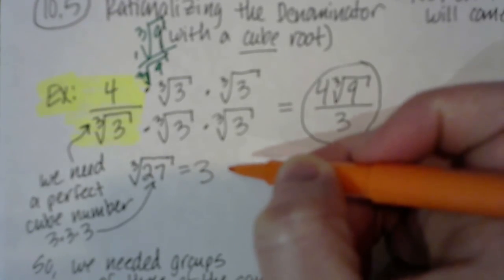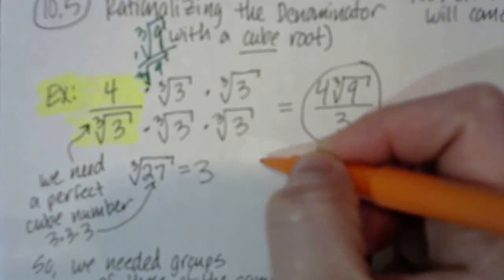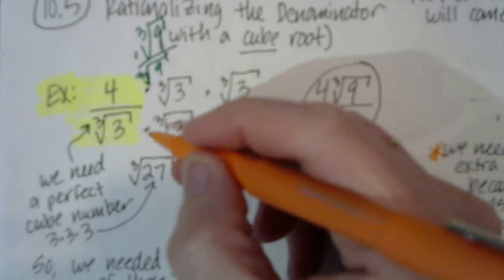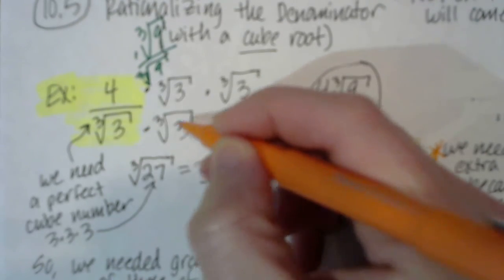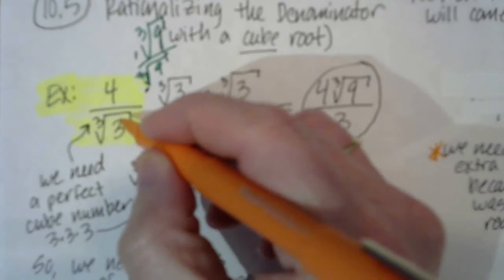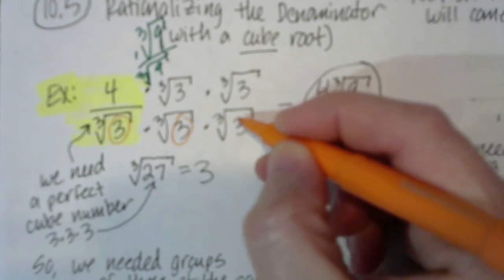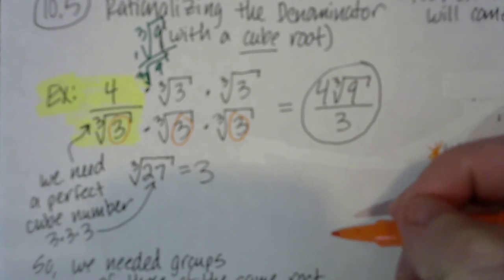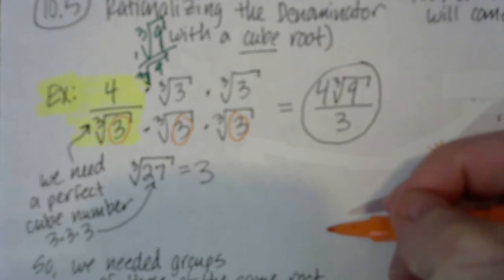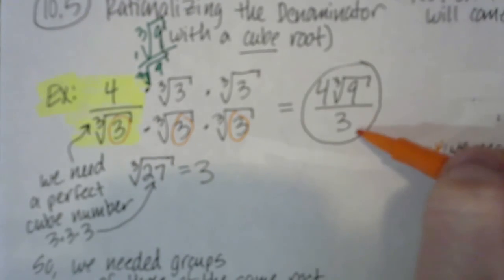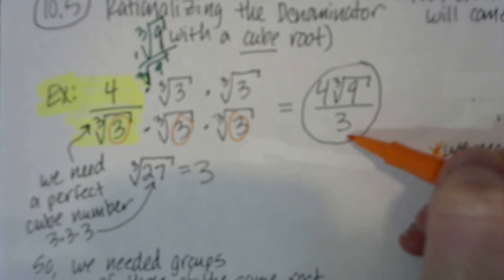So with a cube root, I need 3 of the same number. So I need to actually multiply by whatever's under the radical 2 times. So that now I have 1, 2, 3 3s. So that this can actually become a whole number on the bottom without a radical.